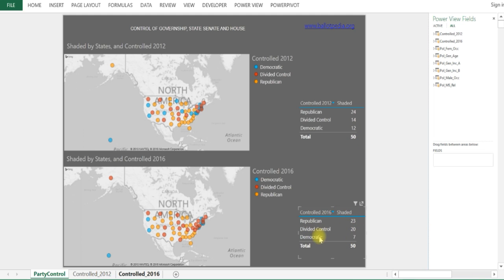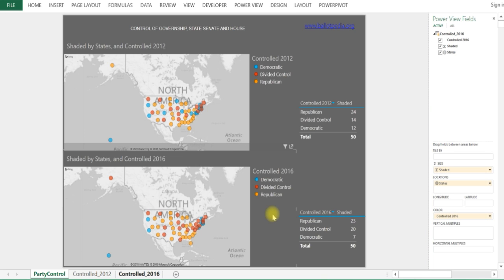And because the Democrats lost a lot of control over several of these states, we could see in politics that the Republicans were able to influence a lot of President Obama's agenda.